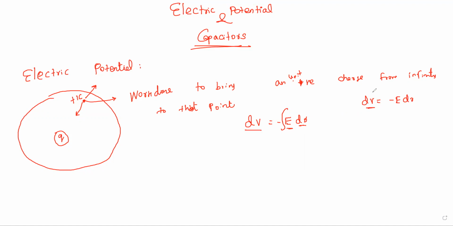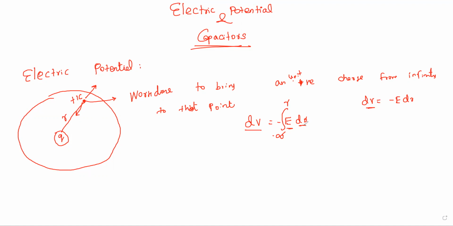Then if you want to find the entire work done from infinity to that point, if that point is located at a distance of r from this source charge, then from infinity to r, dV is equal to minus E dr. And why do we put negative here?